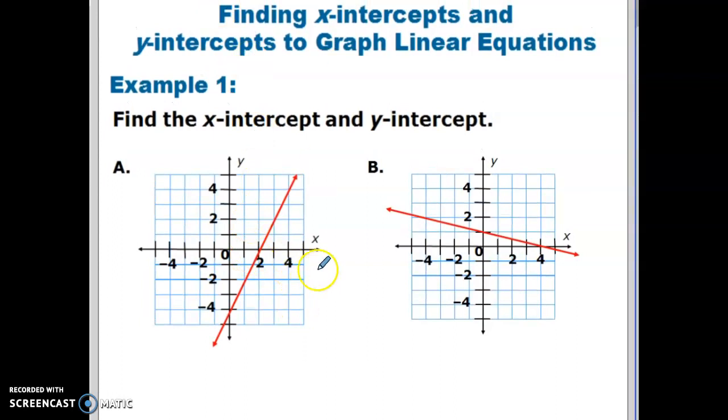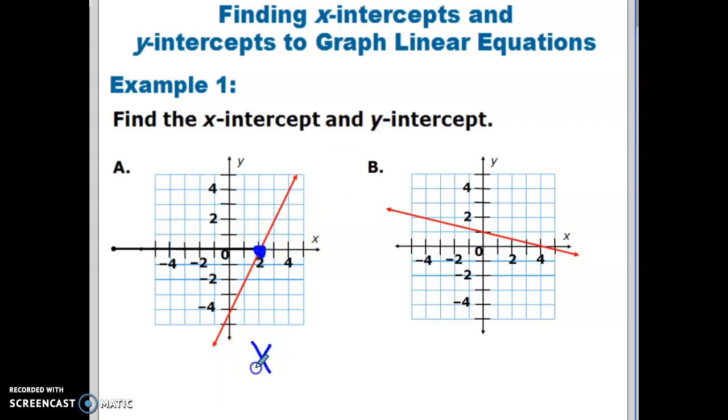So here I have my, let's make it blue, and the x-intercept is on the x-axis, and if I approach on the x-axis until I touch the line right there, that is the x-intercept right there.